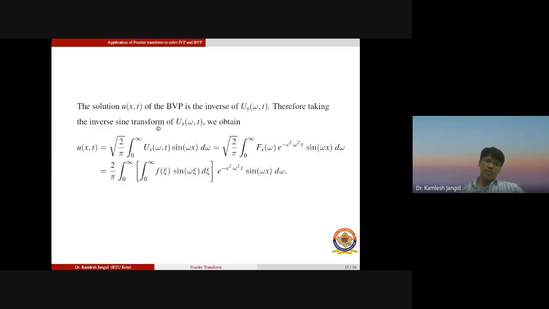Taking the inverse sine transformation, we obtain on the left hand side u(x, t) equals square root of 2/π times the integral from 0 to infinity of f_s(ω) e^(−c²ω²t) sin(ωx) dω. And simplifying by the definition of the Fourier sine transformation, f_s(ω) is square root of 2/π times the integral from 0 to infinity of f(ξ) sin(ωξ) dξ. All right. So this is our required temperature distribution of this semi-infinite bar.